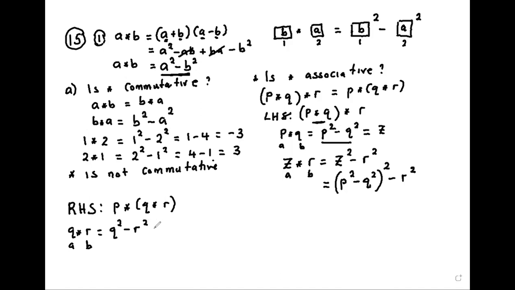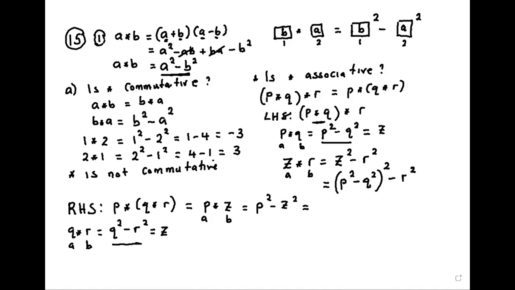Let's call it Z again, so that when we go back here, we have P star Z. This is our A, this is our B. So we have P squared minus Z squared. Where did we find Z? We named Q squared minus R squared as Z. So we come back and substitute.